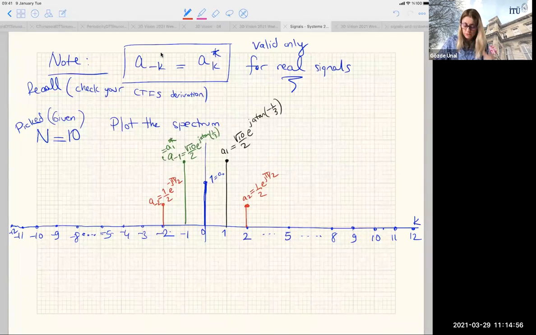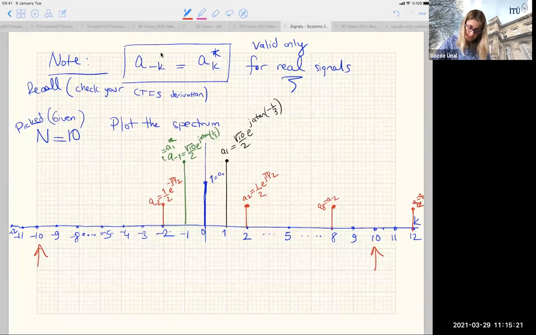At 10 and minus 10, we will have the same pattern. So actually at, for instance, 8 and 12, I will have these. A8 is equal to A minus 2, and A12 is equal to A2.